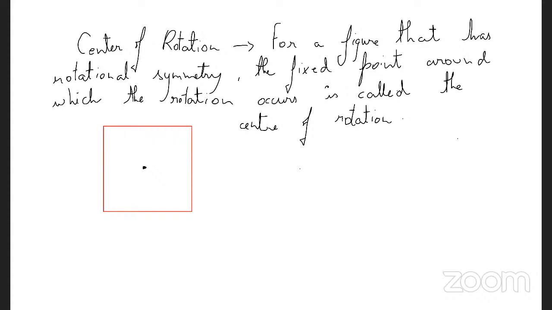Now, there is order of rotational symmetry. What is an order of rotational symmetry? It is the number of positions in which a figure can be rotated and still appears exactly as it did before. That is known as order of symmetry.